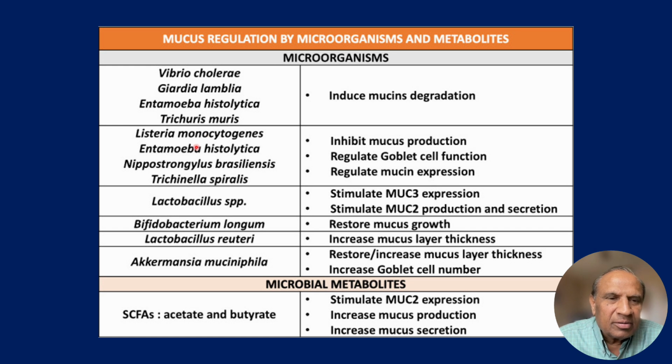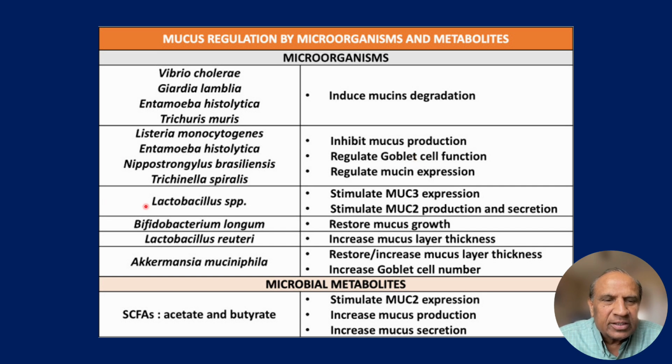Some other bacterial and parasitic pathogens, like listeria and amoeba again, also inhibit mucus production by goblet cells. They also regulate goblet cell function and thereby decrease the mucus layer.